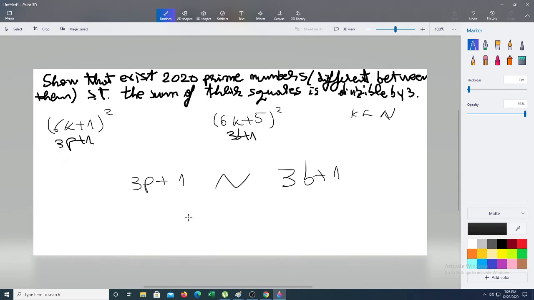In other words, if we note f of p equals 2 and f of b equals 2, we'll say that these functions are equal by drawing a graph. Very simple.